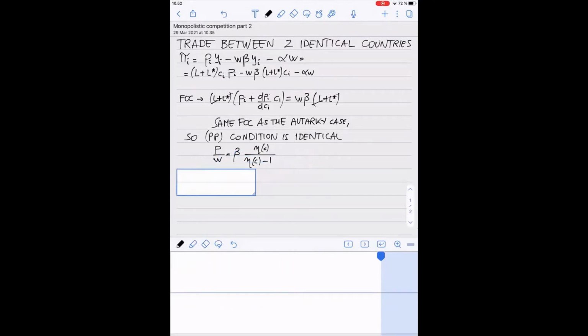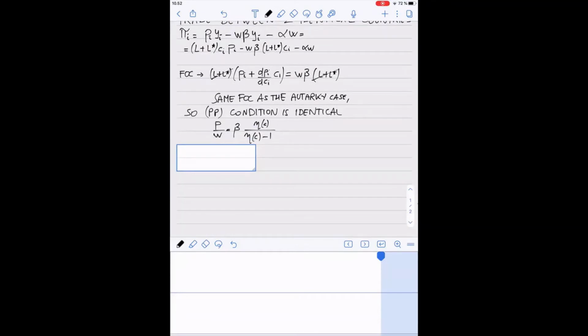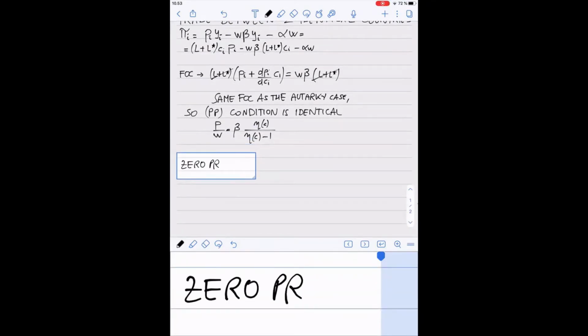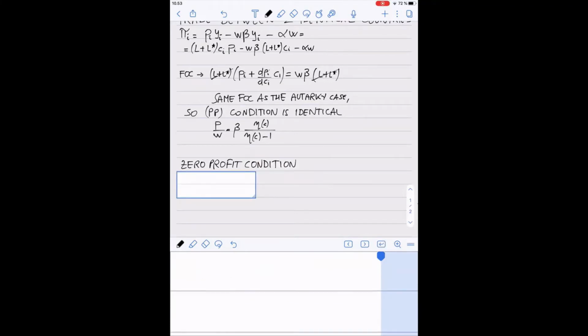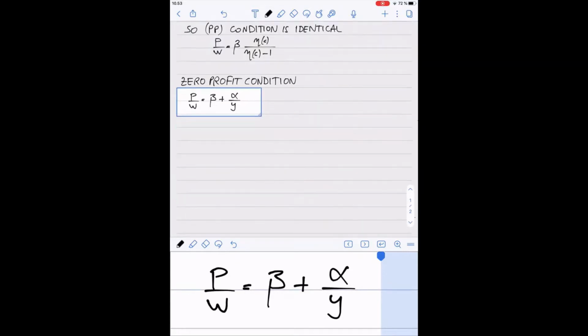Okay, what about the zero profit condition? Well, let's set profits to 0. So if profits are equal to 0, we derived it last time. We had P over W equal to beta plus alpha over Y. So what does this mean?